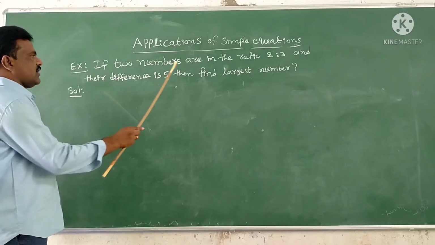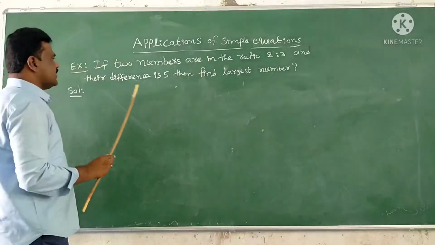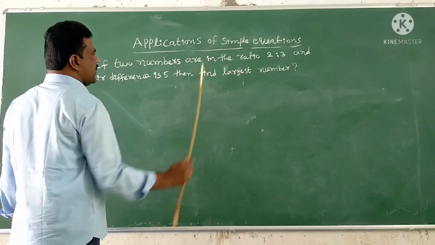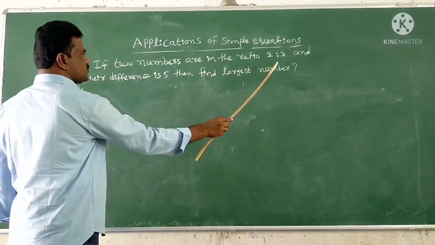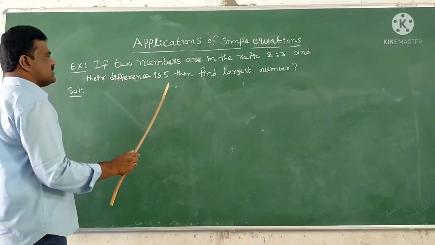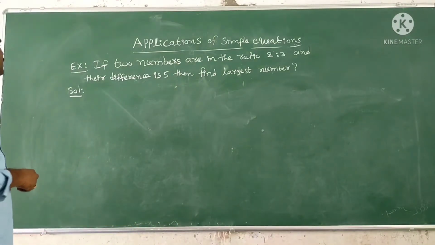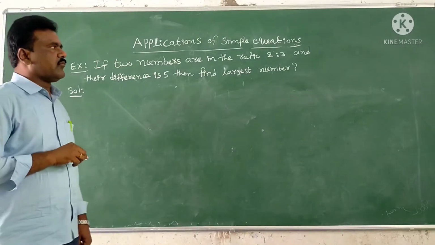If two numbers are in the ratio 2:3 and their difference is 5, then find the largest number. Children, in this problem, what is given?